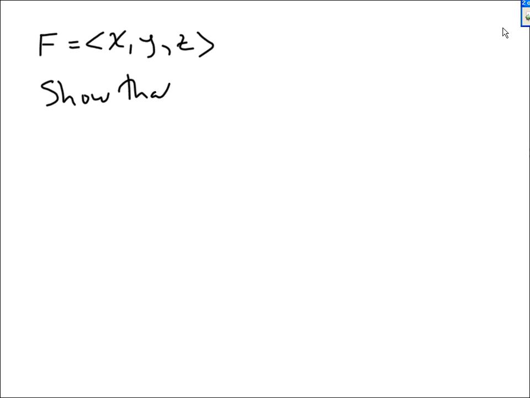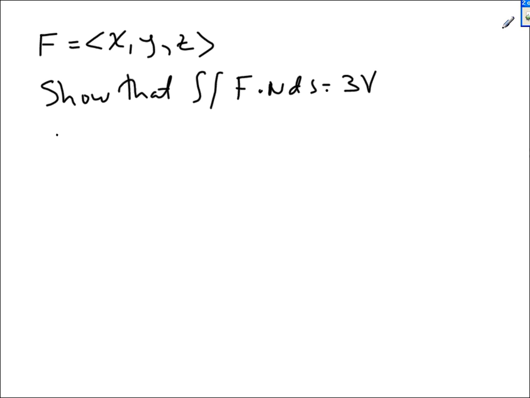Not much to do in this section. Suppose that you have that f is x, y, z. And you're asked to prove or to show that the double integral of f dot n ds is 3 times v, where v is the volume of the surface.